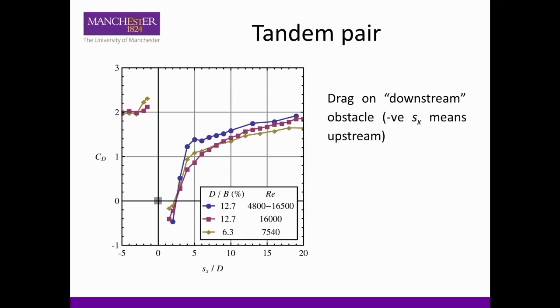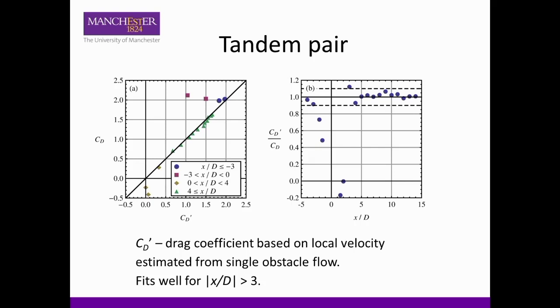One kind of interesting question we had, and this is what's captured on this slide, is, well, we know the speed changes because I showed you that before. Let's say we just worked out the drag based on the flow speed from a single obstacle, how good would that be at calculating the drag that we actually measure in the real case? And the answer is it's actually quite good, so long as you're not very close.